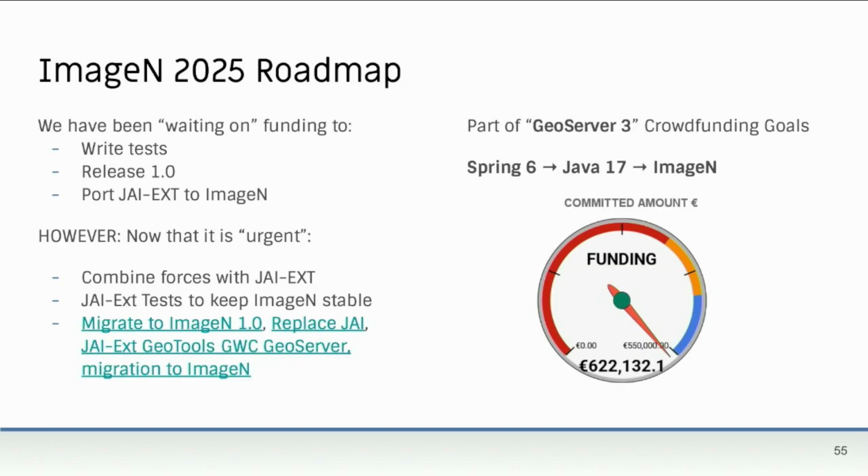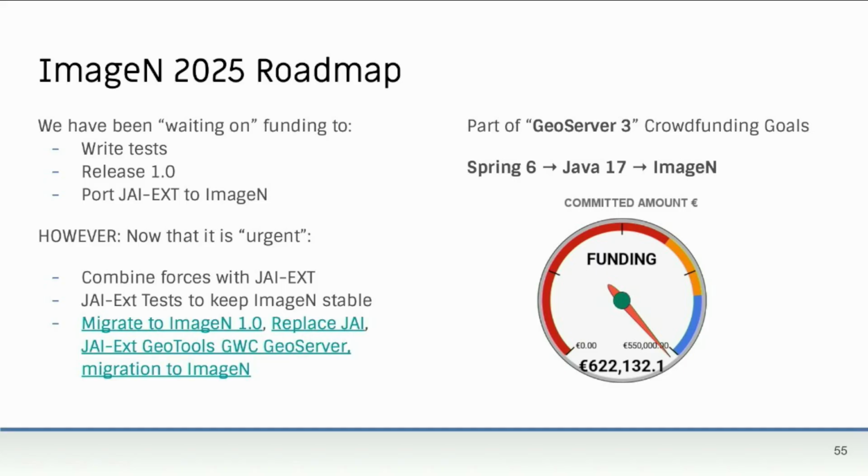As part of the big crowdfunding effort for GeoServer 3 that I'll be talking about later in this conference, we've actually got enough budget to bring this home. So we had the idea, now that this is urgent, we combined forces with that JAI extension project because it had test cases. So by putting together two projects, we were able to get one good one.